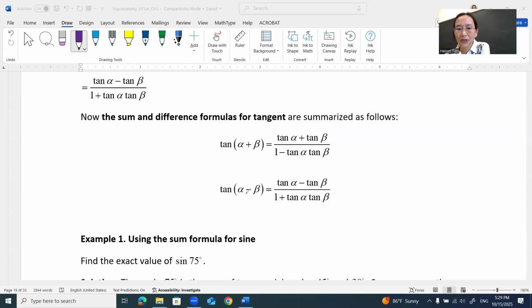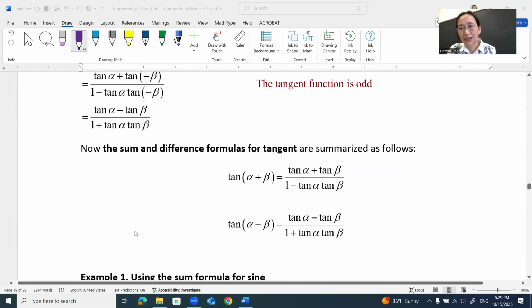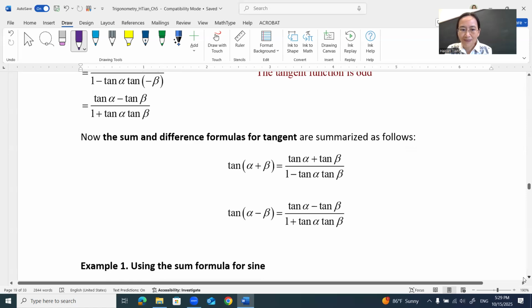When it's a tangent of a difference, you have difference in the numerator but a sum in the denominator. So it's well, two additional formulas. So we have so far difference and sum formulas for cosine, and difference and sum formulas for sine, difference and sum formulas for tangent.